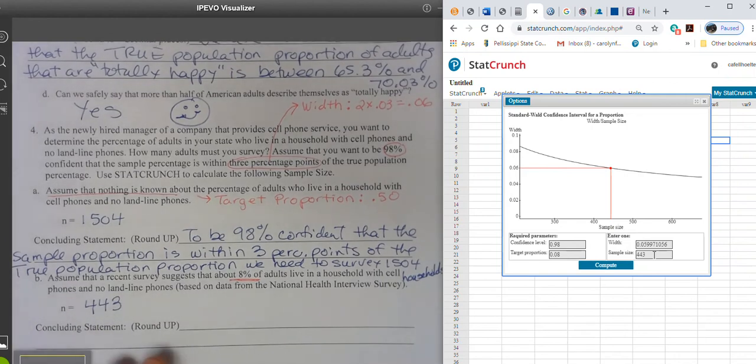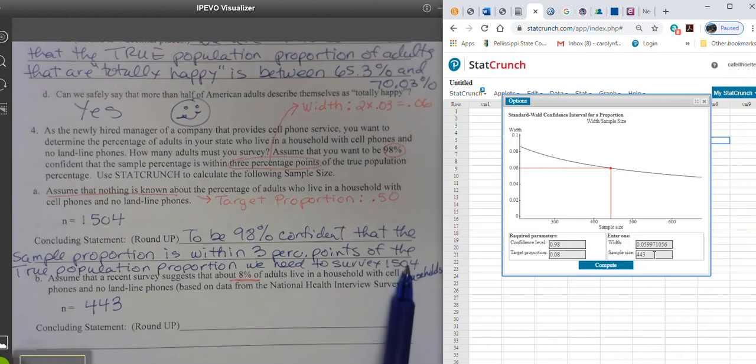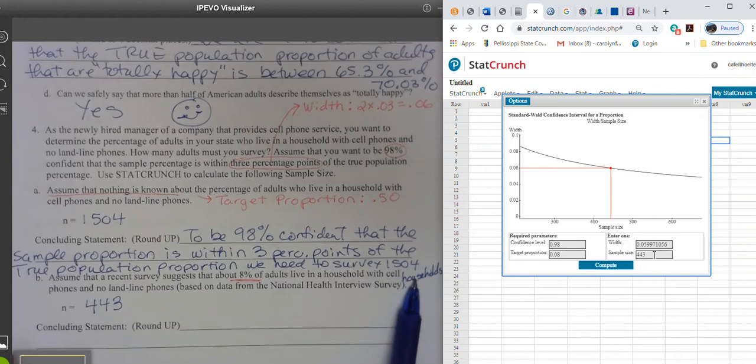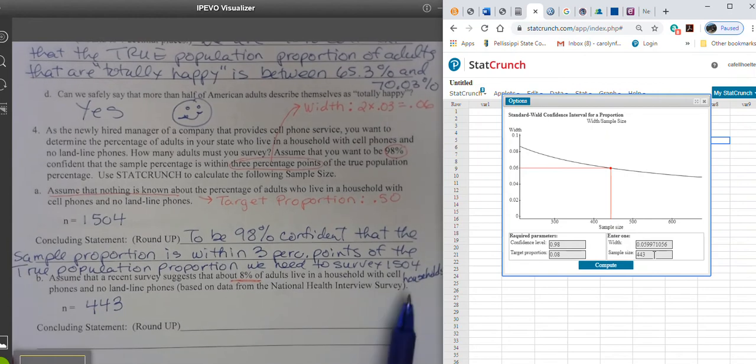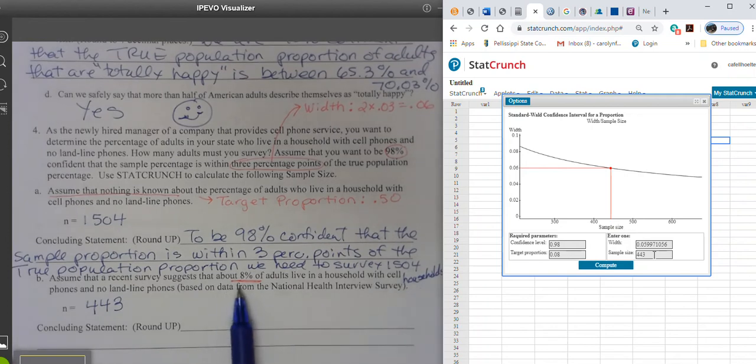Our concluding statement would be the same as this one, but we would change this to 443 households. We would also add to that statement that we are using a prior study that suggested 8% of adults live in a household with cell phones and no landlines.